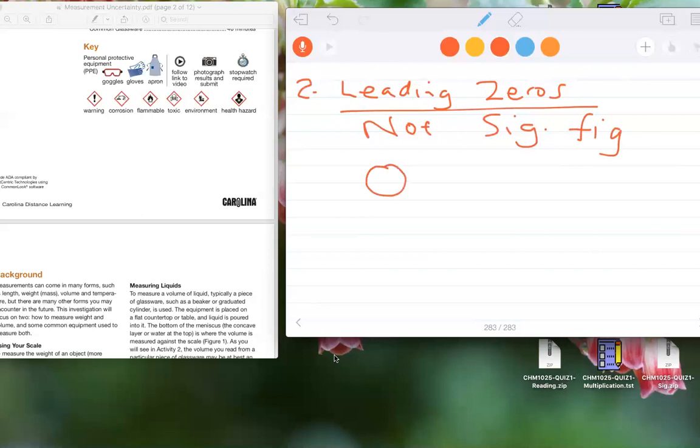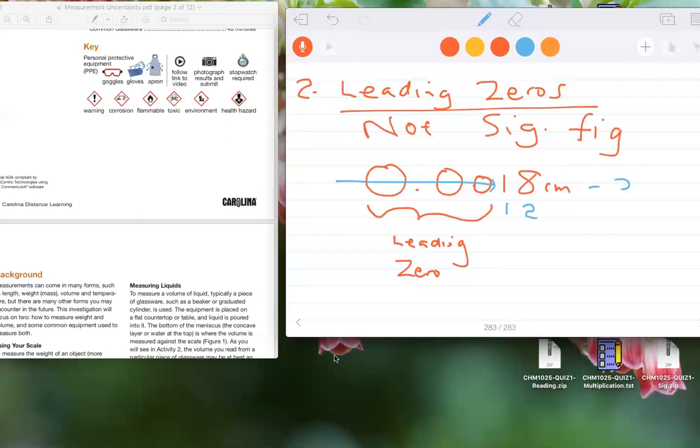Zeros such as in the number 0.018 centimeters. You start counting from the first non-zero digit, so this is one and this is two.